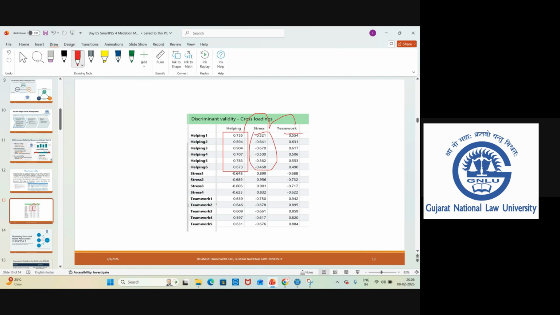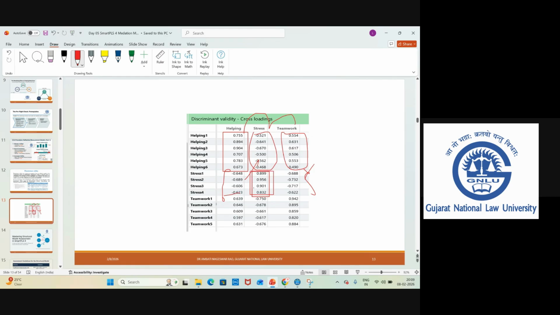Now, when I look at the second one, that is stress, where is my mouse? Here. When I look at the stress, these particular indicators have high correlation when I compare with the rest of the constructs. Like this one, they are in minus, this is in plus, right?